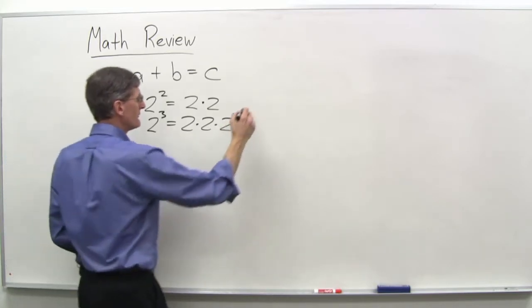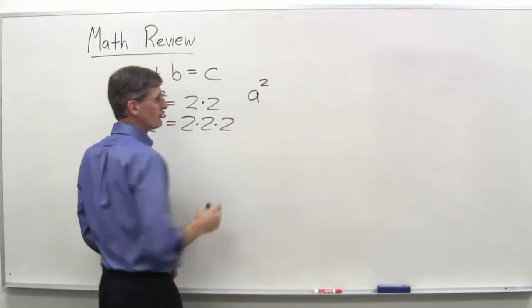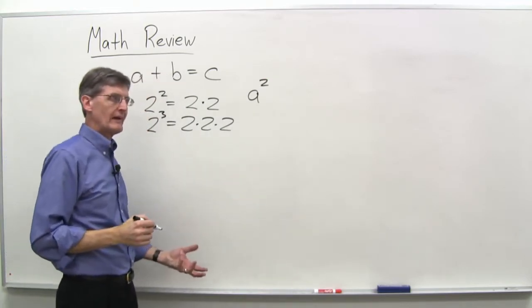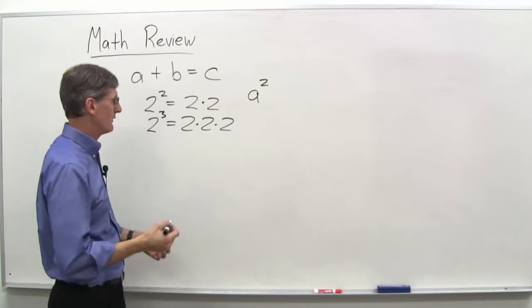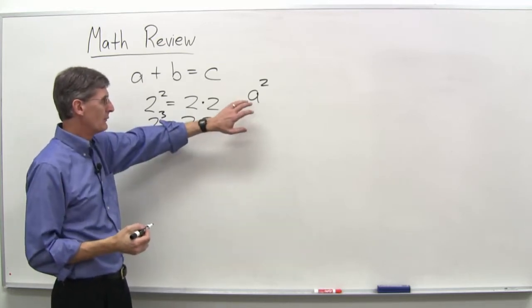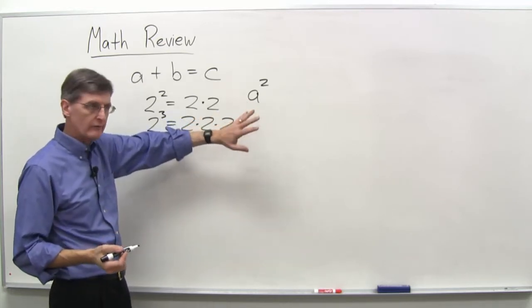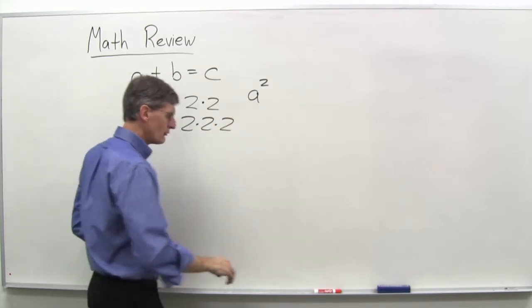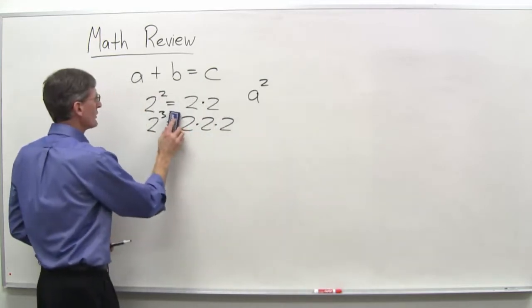So we can also talk about something like a squared, certainly a number squared, a cubed. I don't think we really get into anything more than squared in here, if I remember correctly. But we'll see a lot of squares: a squared, b squared, x squared, y squared, things like that. So just remember how that works.